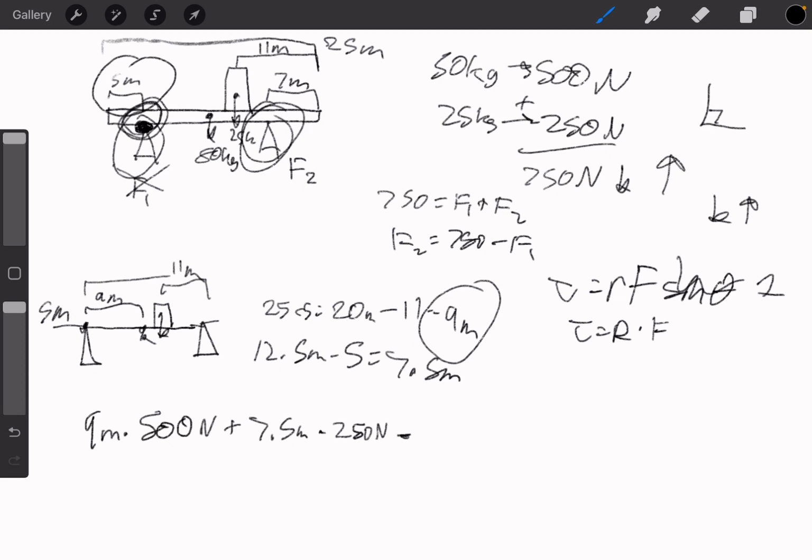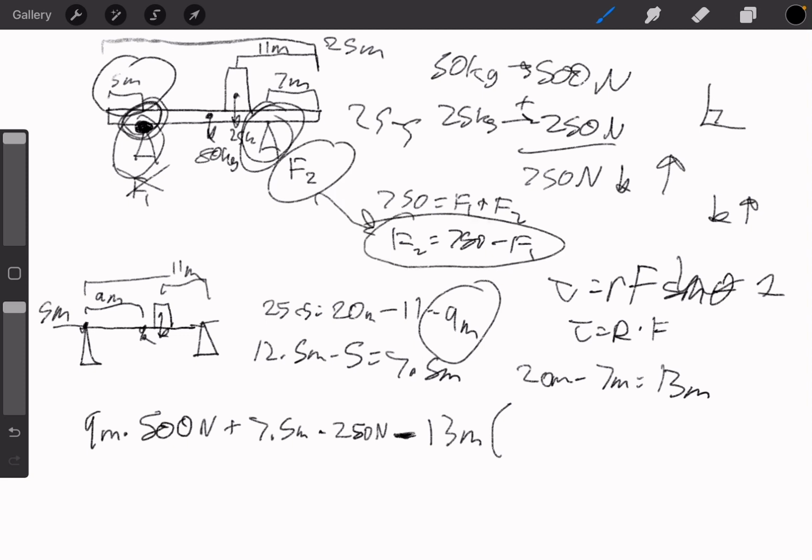So force sub 2 was operating at 7 meters away, so that's going to be 20 meters minus 7 meters, and you remember we got 20 from 25 minus 5, so 20 meters minus 7 meters equals 13 meters. So minus, and it's minus because it has to equal 0, minus 13 meters, and now if you remember we found force of 2 to equal 750 minus f of 1. And this all has to equal 0 because it's maintaining equilibrium.